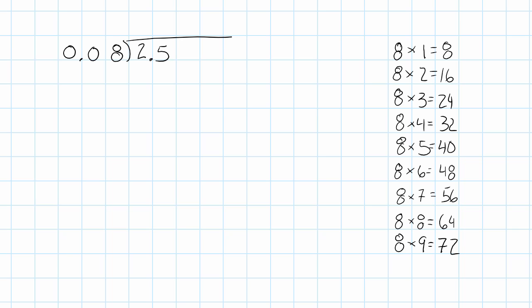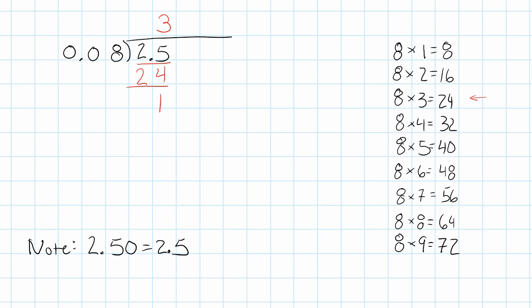Alright, so pretending the decimal point isn't there, I'm thinking 8 goes into 25. And 24 is as close as I'm going to get. 8 goes into 25 3 times. 3 times 8 is 24. I've got 1 left. Now this is the place where this process is different from whole number division.